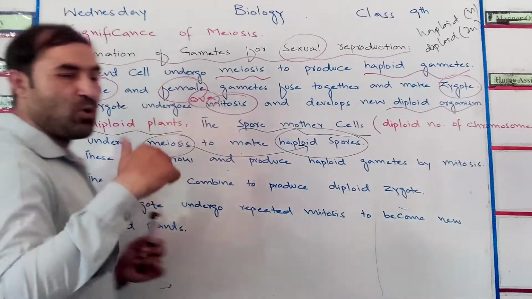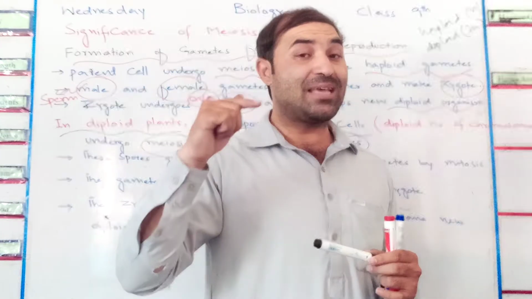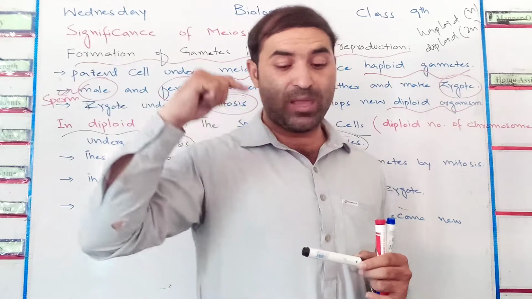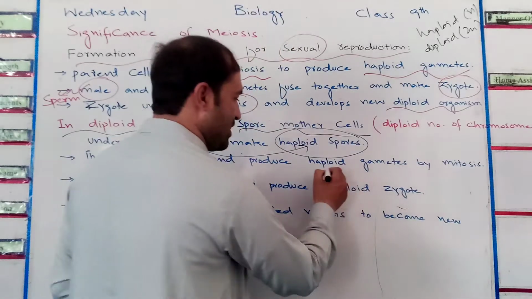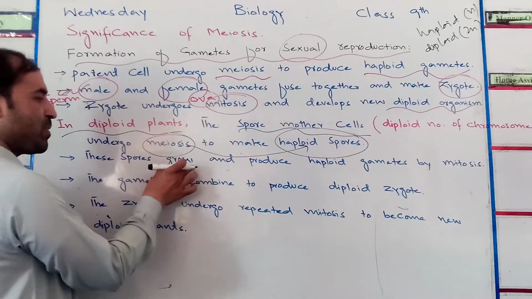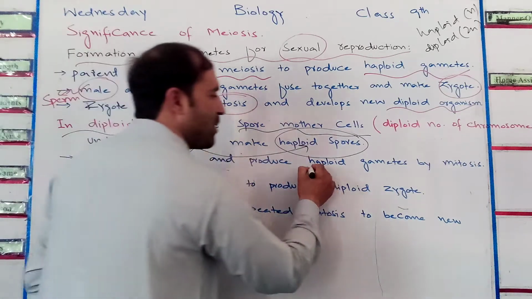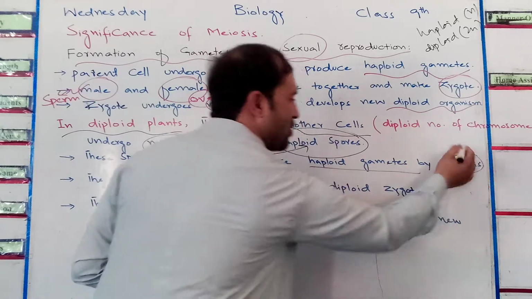Then these spores grow into haploid structures, and these haploid structures then produce haploid gametes by mitosis.